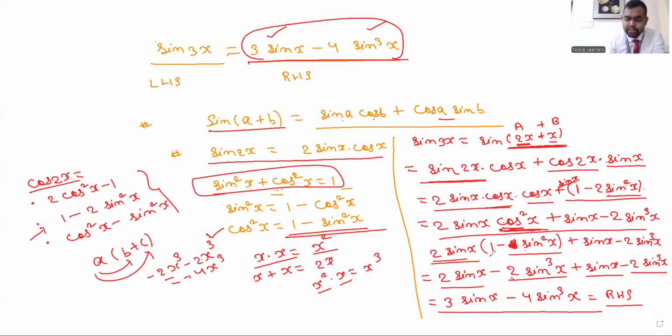So therefore I used the formula 1 minus sine square x over there. In the same manner, everywhere I use the formula. In fact, this one was a very critical part because cosine 2x has three different formulas I wrote over here. So which formulas to be taken into account? How will you know that? By looking at your RHS, you will be able to know which formula to take into account.